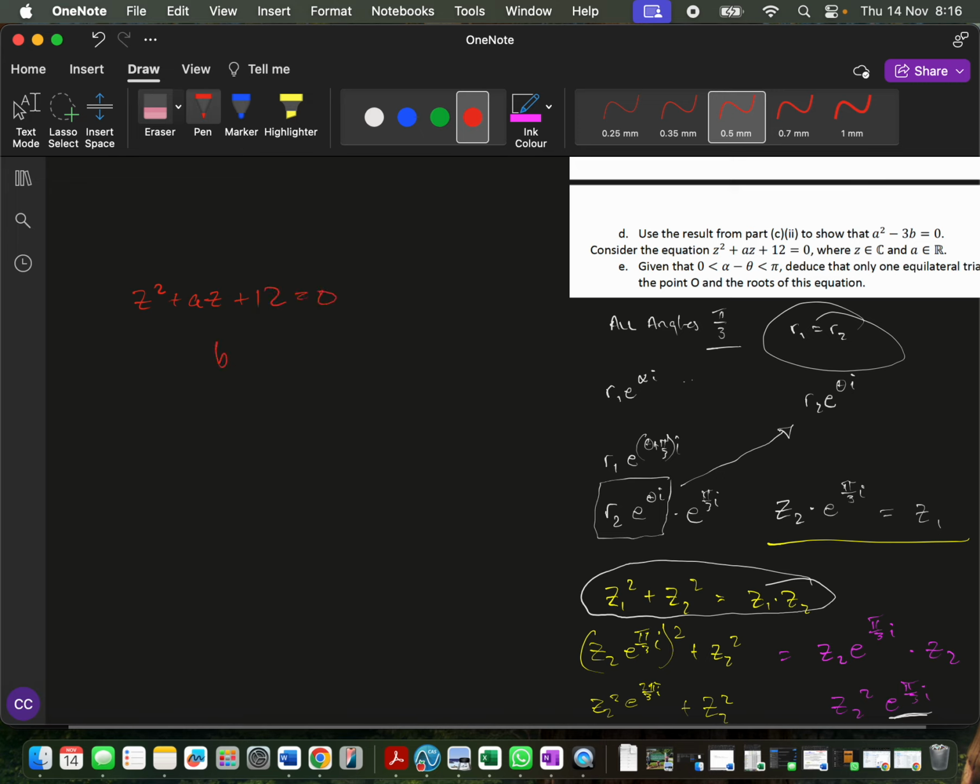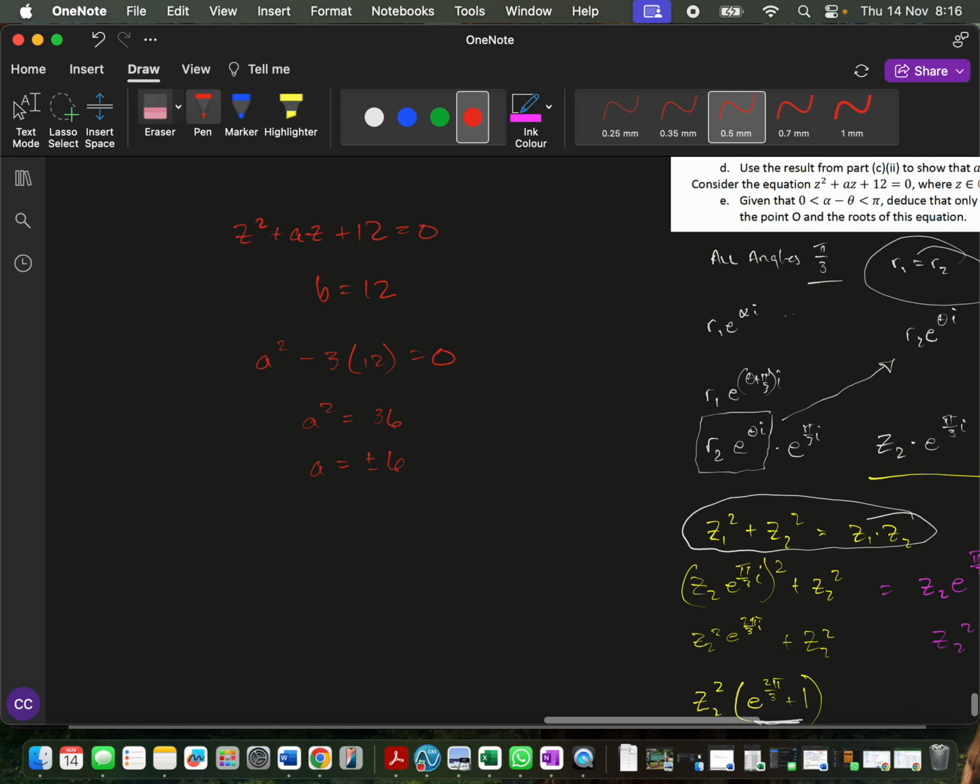Right away we know that b is 12, and we should be able to figure out that a squared minus 3 times 12 is 0, so a squared equals 36, so a is either plus or minus 6.